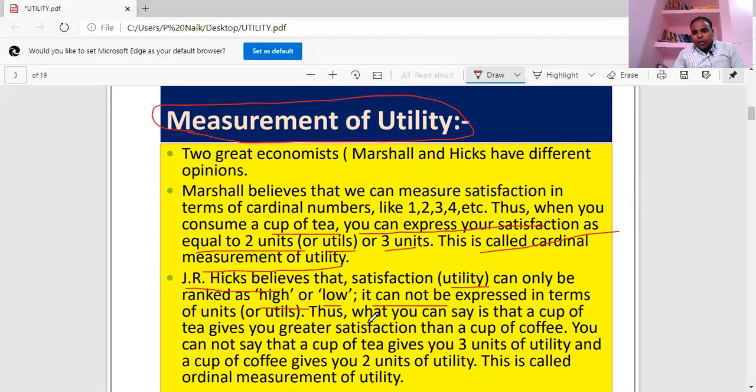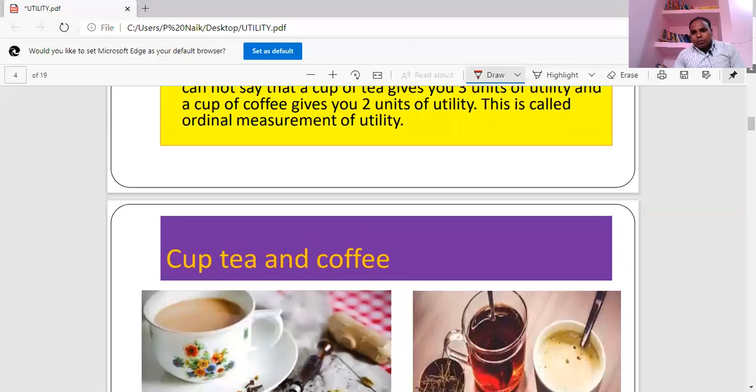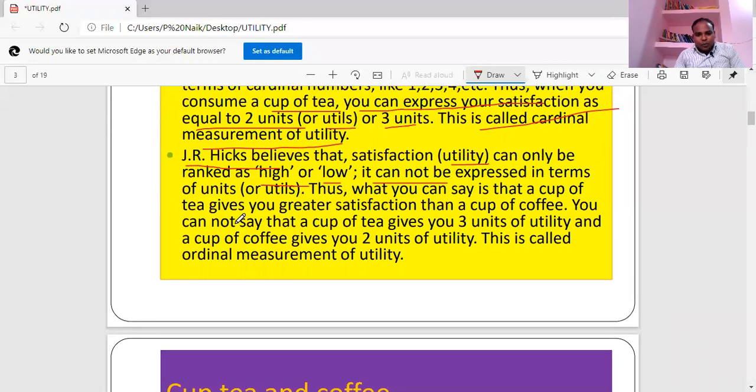Thus, what you can say is that a cup of tea gives you greater satisfaction than a cup of coffee. You cannot say that a cup of tea gives you 3 units of utility and a cup of coffee gives you 2 units of utility.